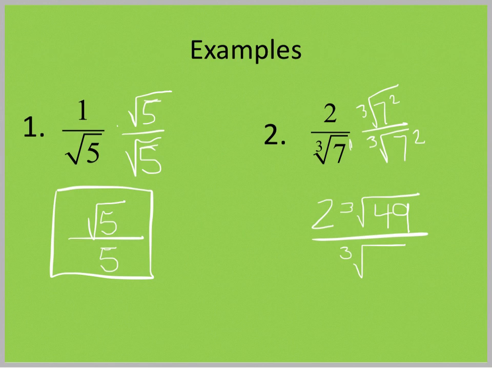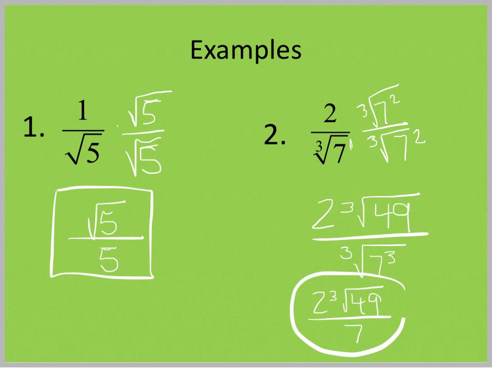If I multiply them, since they both have base 7, you're just going to add the exponents, so you get 7 cubed. Notice now my index and exponent are equal to one another, so the radical cancels out. So that leaves us with our final answer, which is 2 times the cube root of 49 over 7. So that's our final answer.